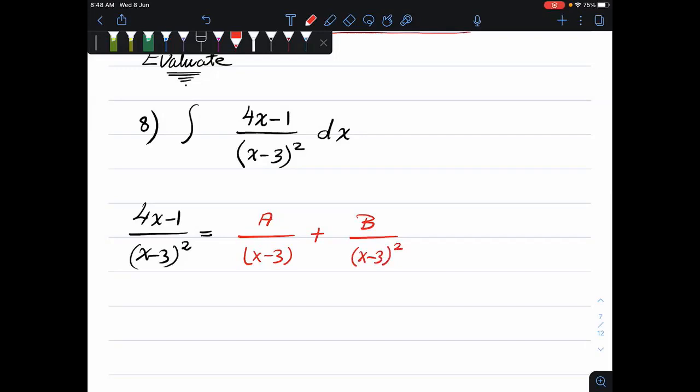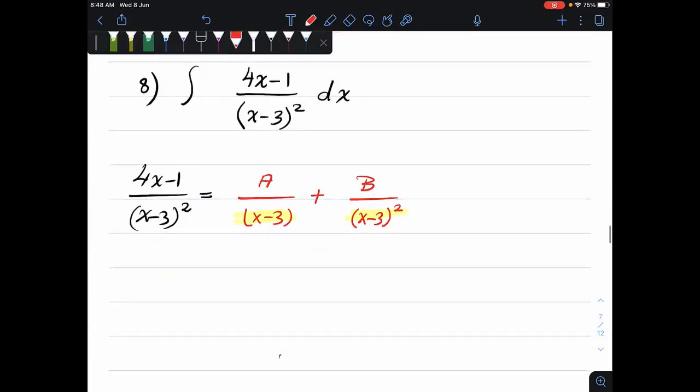This is the rule. When it's a repeated linear factor, you should write it like this. If it's x minus 3 to the power 3, you have to add plus C over x minus 3 all cubed. But we have only, alhamdulillah, 2 terms.